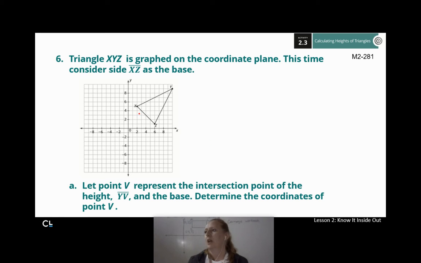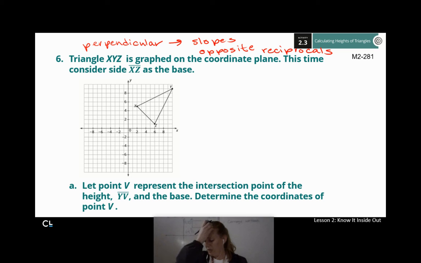We said a couple times ago that perpendicular means the slopes are opposite reciprocals. So let's find the slope of the base, and that should tell me the slope for my height.